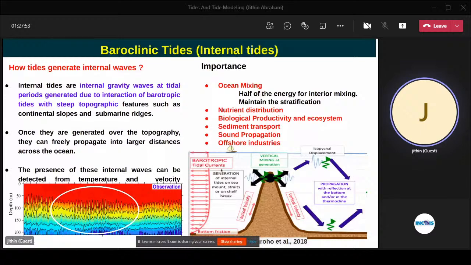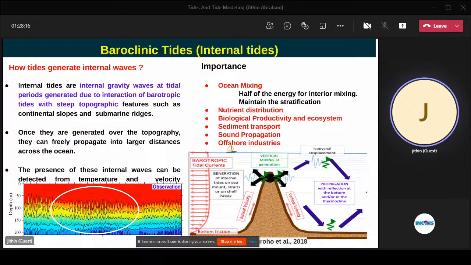Similar to the barotropic tides, internal tides also follow the spring-neap variability in most locations. There are exceptions that we will discuss in the coming slides.